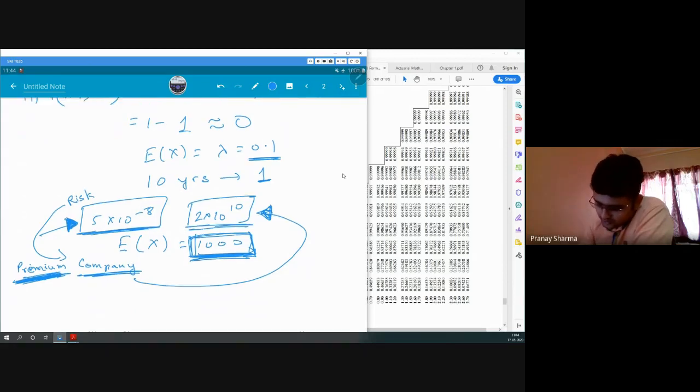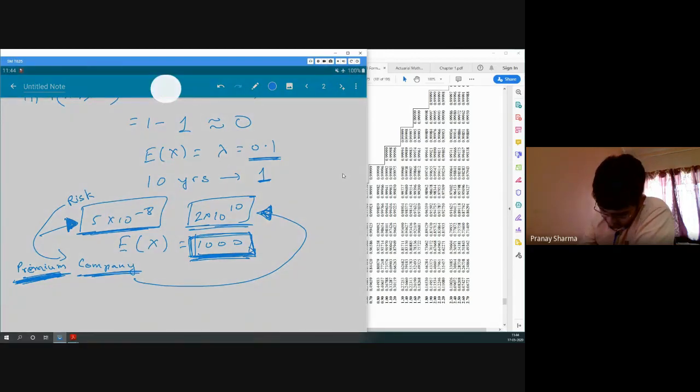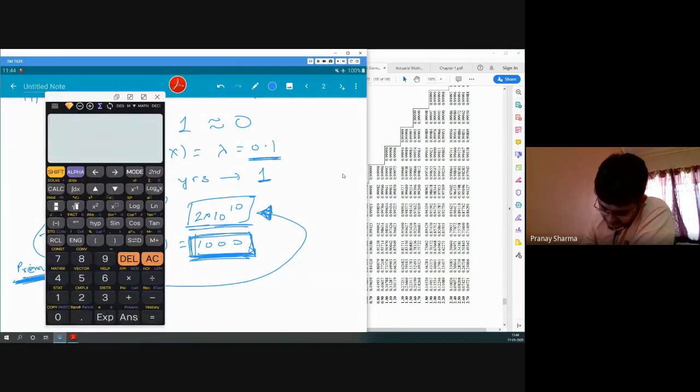Let's say I would pay in total 1 crore rupees in a particular year to 1000 people, so averagely I'm paying 10,000 rupees per person who is getting into an accident.